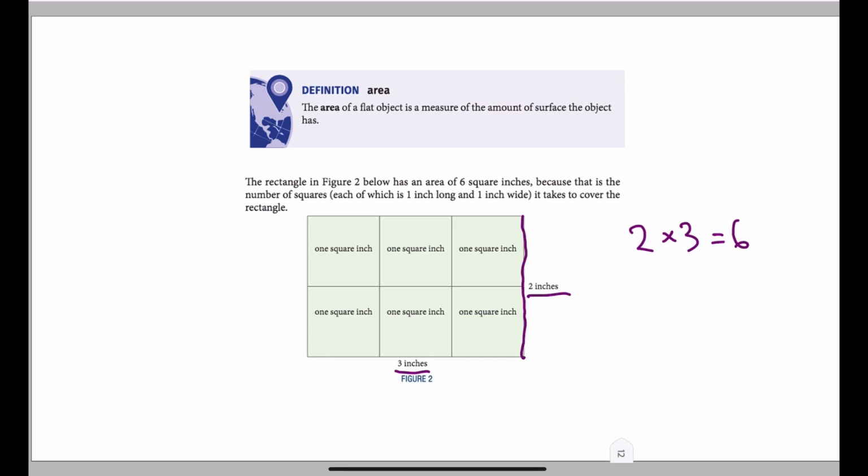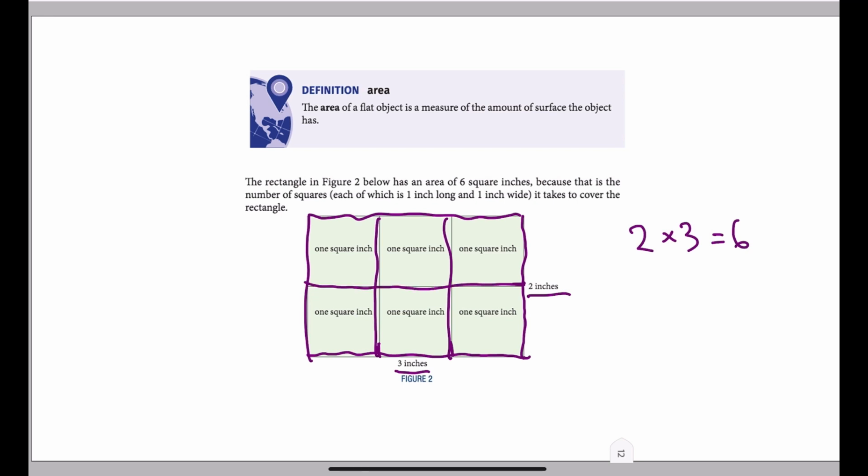So if I have 2 inches on one side and 3 inches on another side, then if I were to divide this up into its inches, and then go around splitting this up, I can see that there's 1, 2, 3, 4, 5, 6 square inches in my figure.